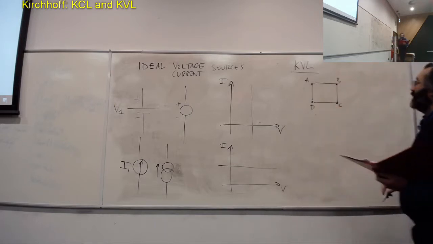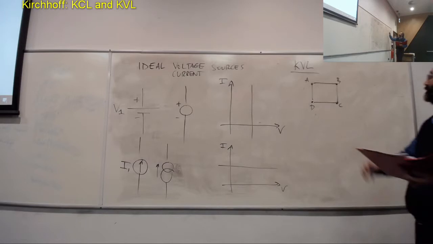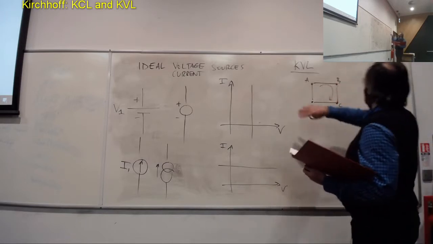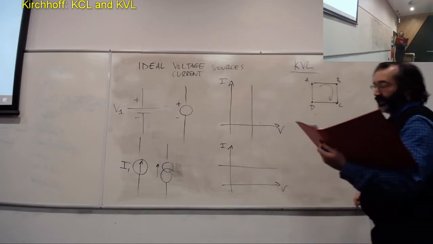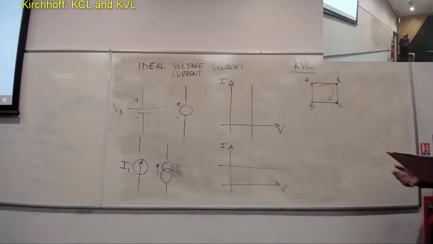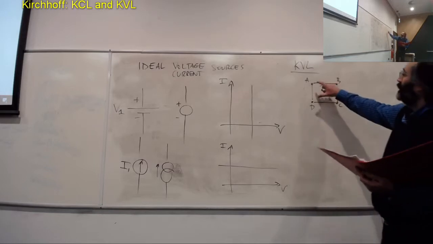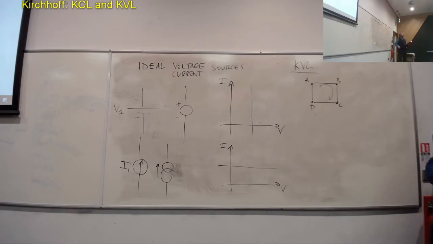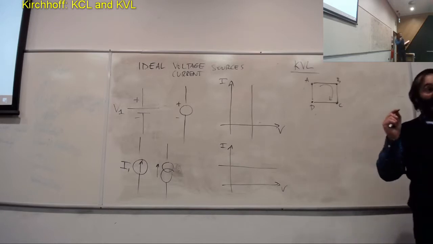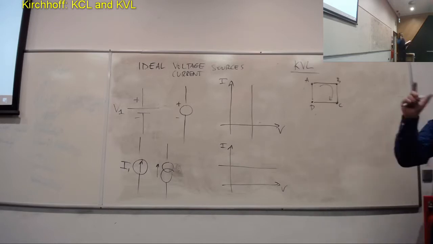I can also indicate a rotation direction that I can choose. The idea of the KVL is that if you sum all the voltage differences taken according to the rotation direction you've chosen, this should give you 0, taken properly, carefully, and in the right order.